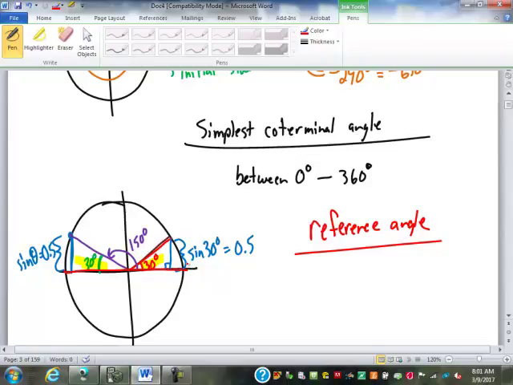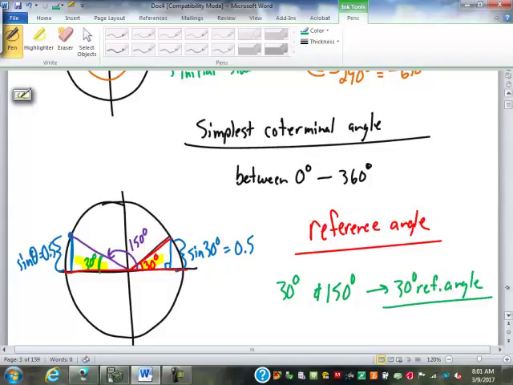And angles that have the same reference angle have related trig functions. So since 30 degrees and 150 degrees both have a 30-degree reference angle, they both have trig functions of 0.5.